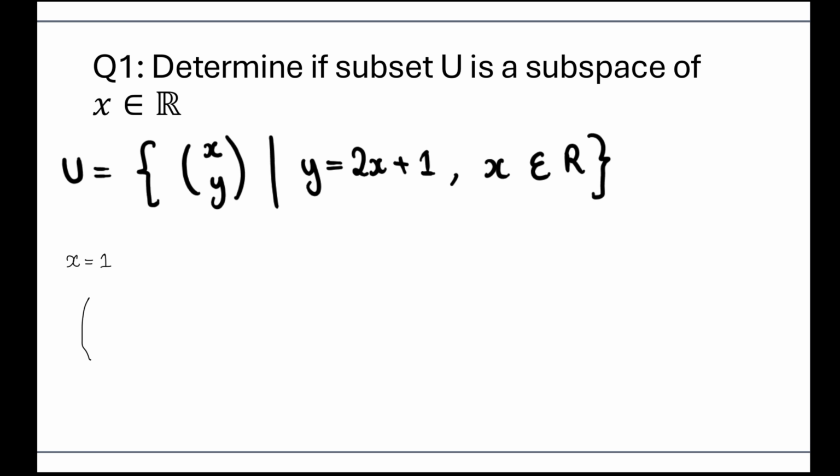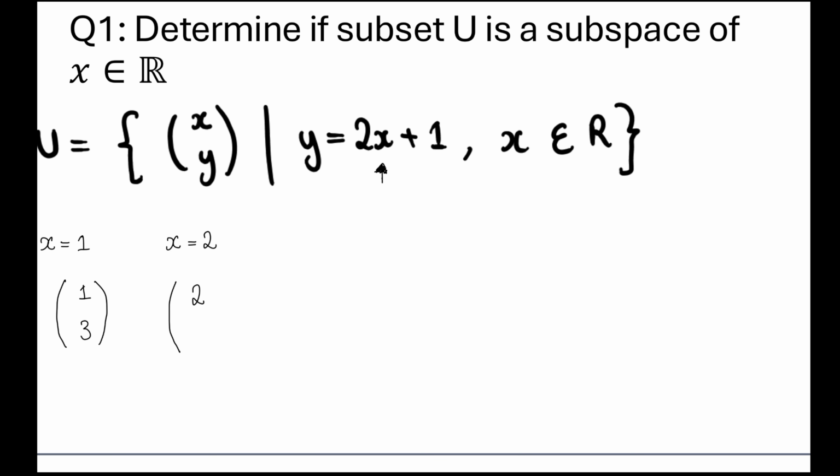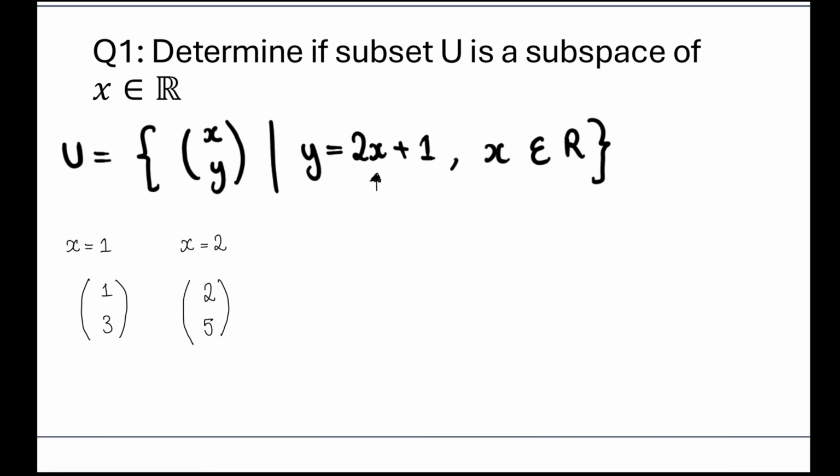That means we get the vector (1, ?), and then we sub that 1 into here to find out what y is. So 2 multiplied by 1, and then plus 1, which is 3. If we then sub in x is equal to 2, to find out y we sub it into here. So we get 2 multiplied by 2, and then plus 1, which is 5. So we have these two vectors now, which are in this subset U.